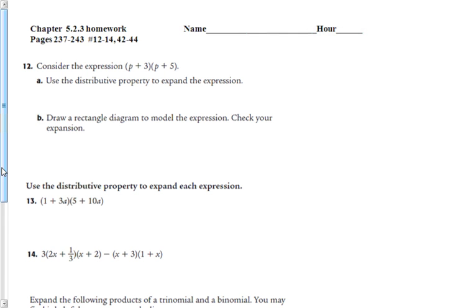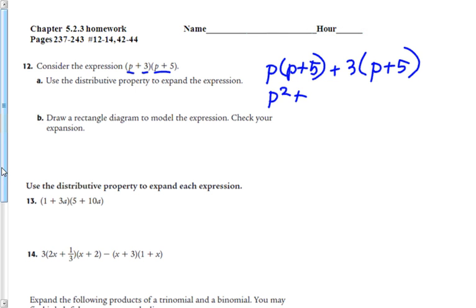Now, what I'm going to do is take this p times this p plus 5, and that looks like this. And then I'm going to do this 3 times p plus 5 also. And so I get p squared plus 5p plus 3p plus 15. And then I'm just going to combine the 5p and 3p. And that makes 8p.